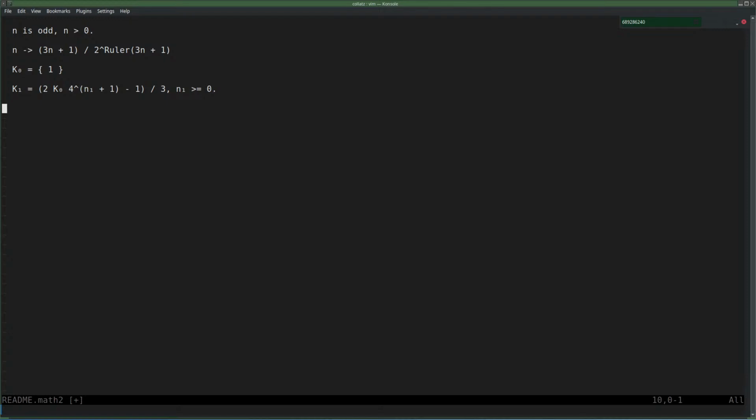Then I define the following. Yeah, I want to define the set M1, which is defined as all the elements from K1 that are not 0 modulo 3 and that are multiplied by 2 if the modulo 3 of the K1 value is equal to 1.